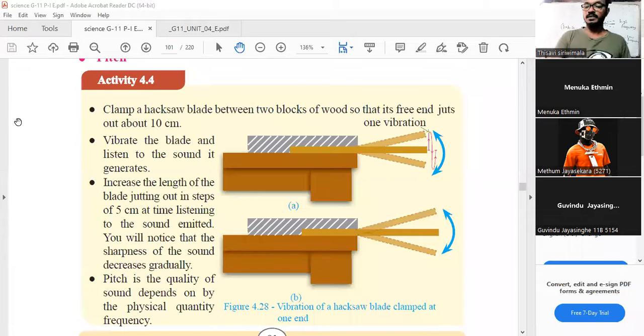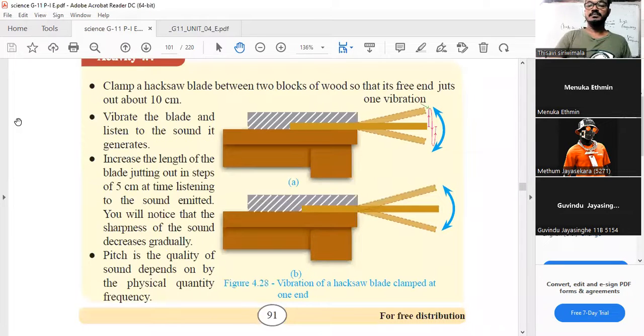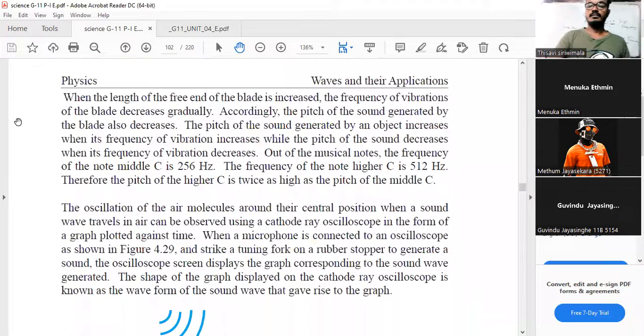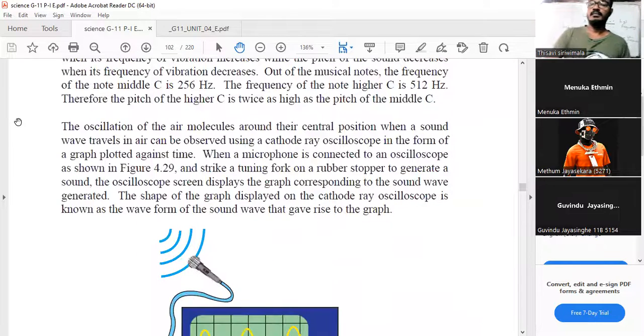Next point, we can conclude the pitch is depending on the frequency of the sound wave.